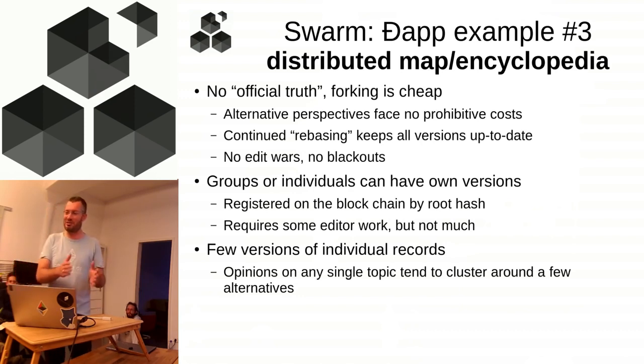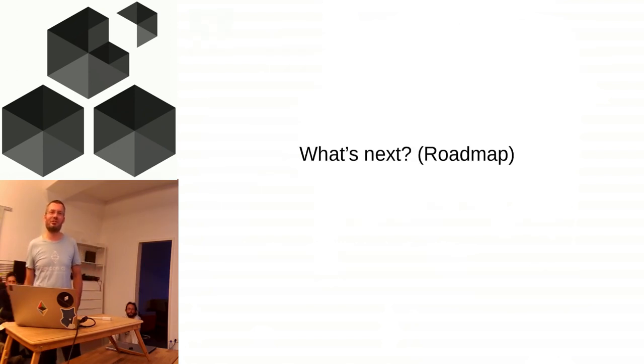This is the world according to me. This is my personal edition of the world map. These are the kinds of things that become really cheap with a Swarm-hosted knowledge base. I would really like to see these kinds of applications emerge, and hopefully some of you get inspired and do something like that. And that concludes our talk.